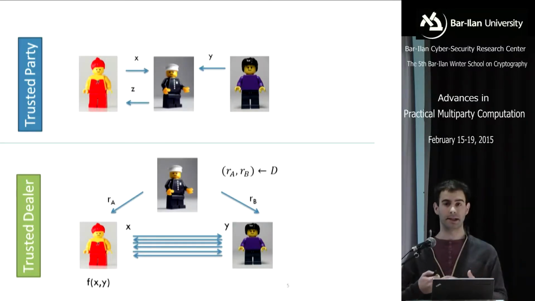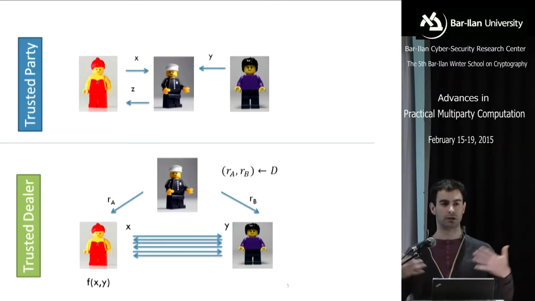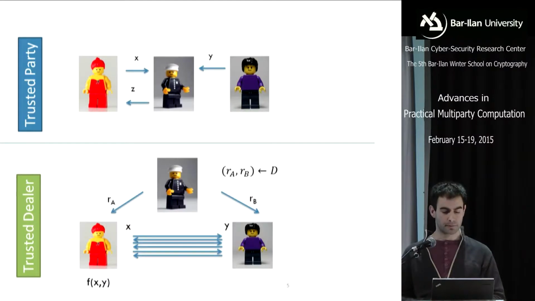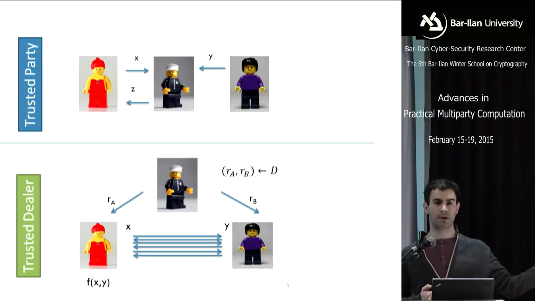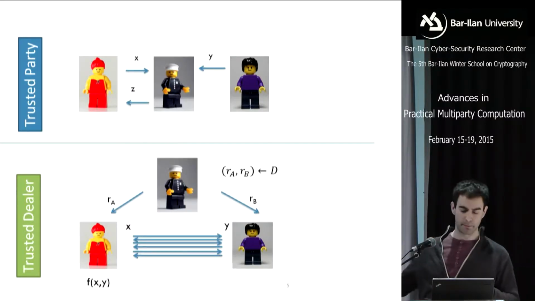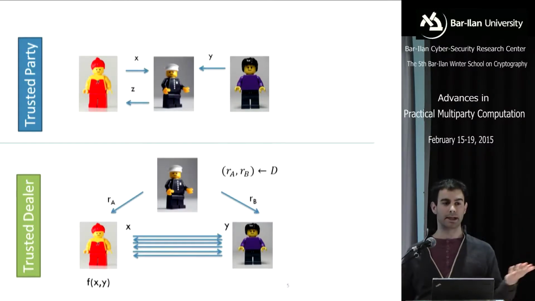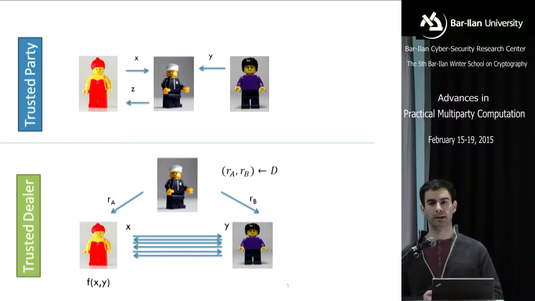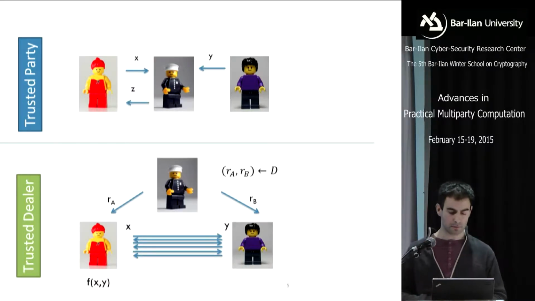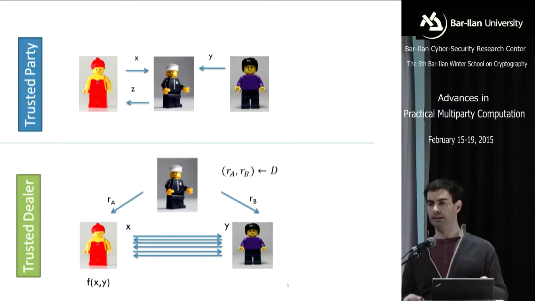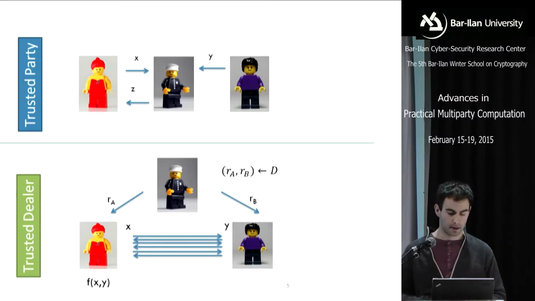They're correlated, clearly. They get sampled together, so they can be correlated. Now this trusted dealer gives half of this to Alice and half of this to Bob. Now Alice and Bob, using their inputs and these correlated samples, can actually run a protocol and get some output. So first of all, I want to argue that this is an interesting model in itself.